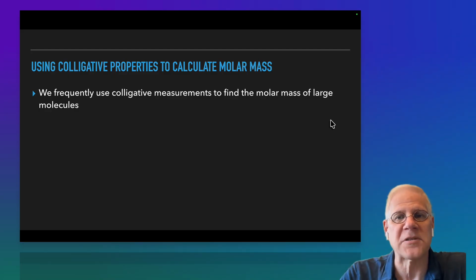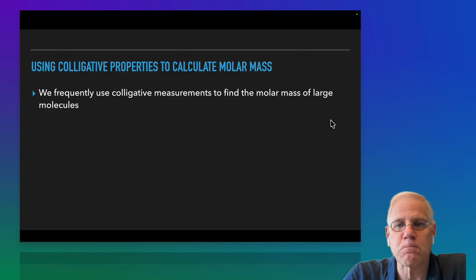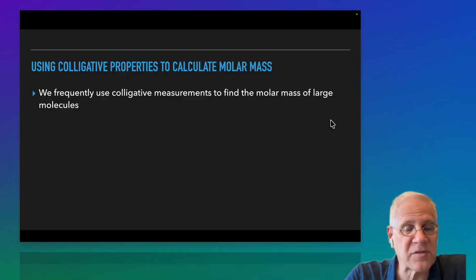It's actually one of its more common uses in an industry such as the biological industry. If you're making new proteins or new sugars or polymers, you can use the colligative measurements in order to find the molar mass of these really large molecules. And when we say large molar mass, some of these things for polymers can get up into the tens or even hundreds of thousands of grams per mole.